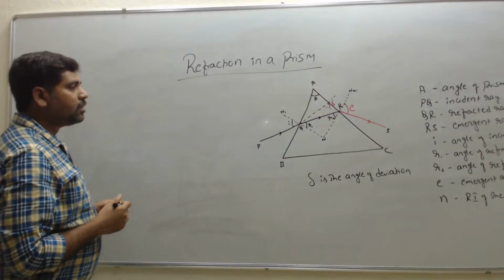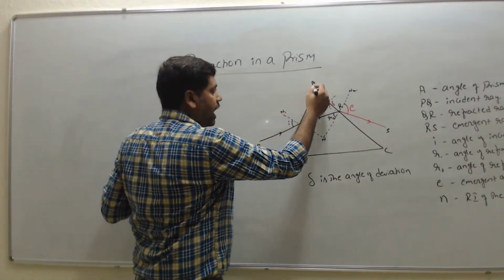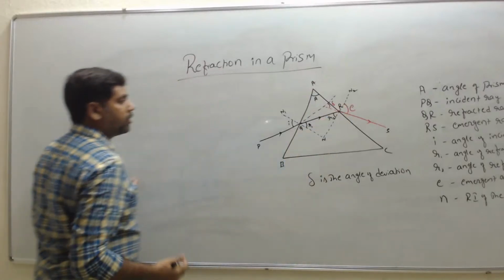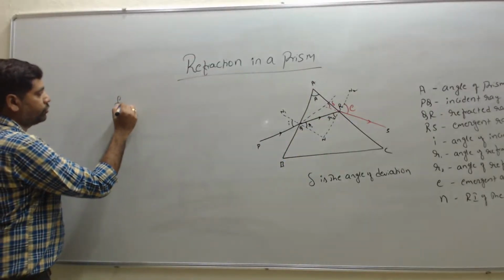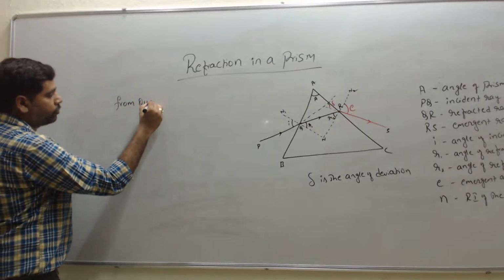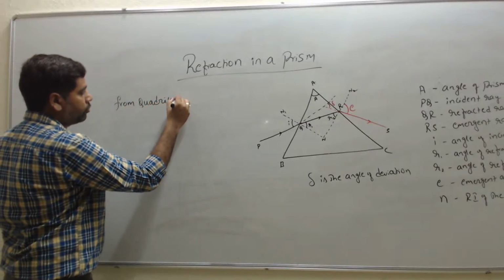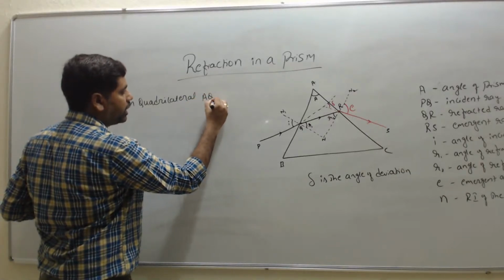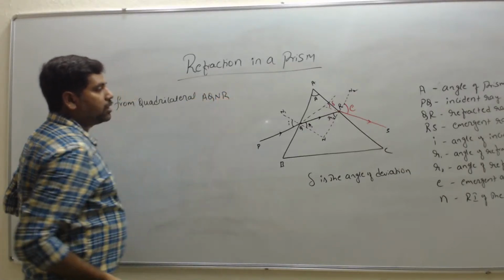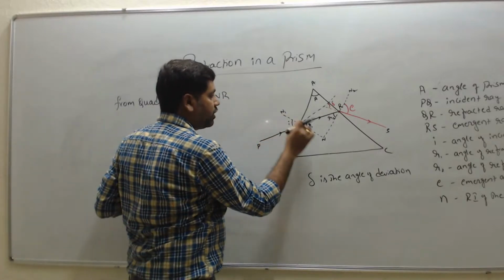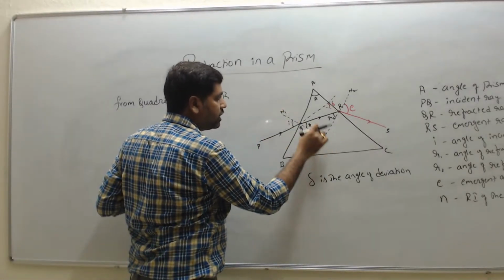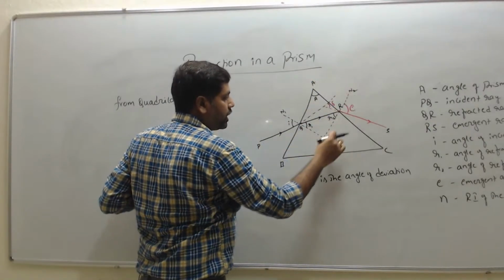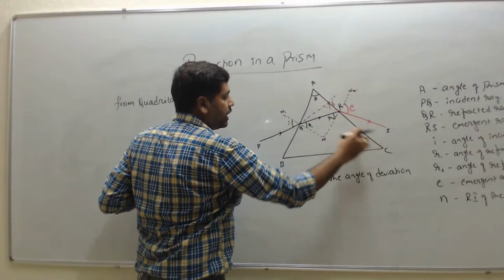Next, if we observe here, we have one quadrilateral, that is A, Q, N and R. In quadrilateral AQNR, N1N is normal to the surface AB, and N2N is the normal to the surface AC.